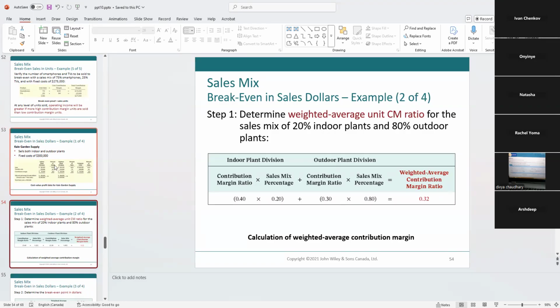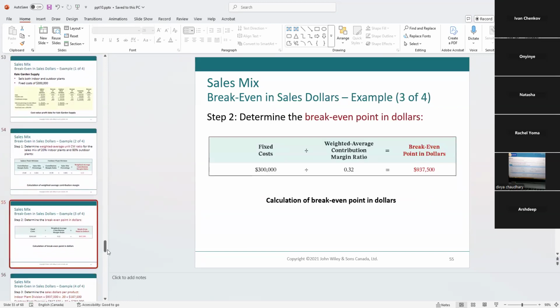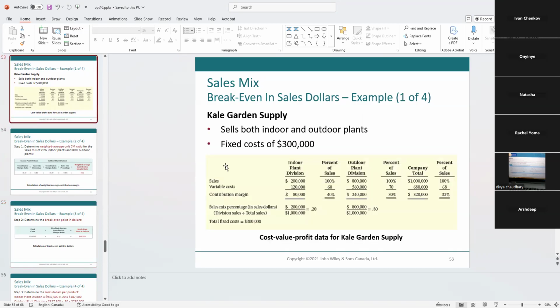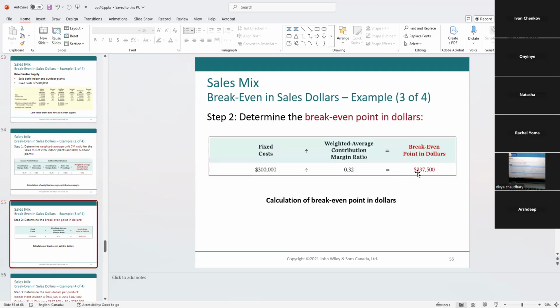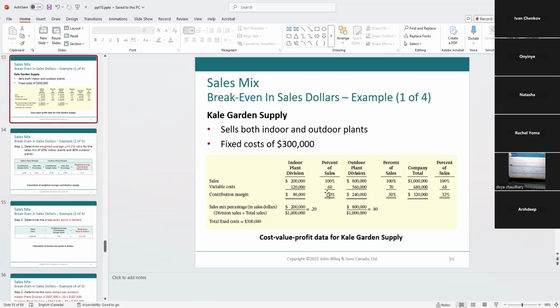Once we get that, we're going to use it as a denominator, and we get the total sales that we need to generate to come up with the break-even. So now the question is, out of those sales, how many belong to the indoor and how many belong to the outdoor? Well, obviously 20% is for the indoor and 80% is for the outdoor.